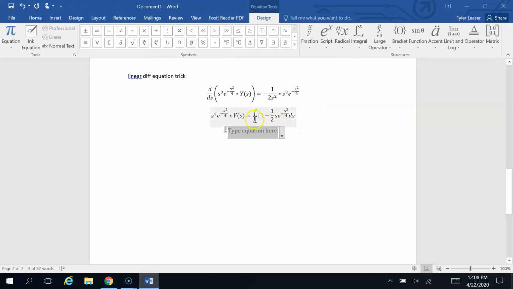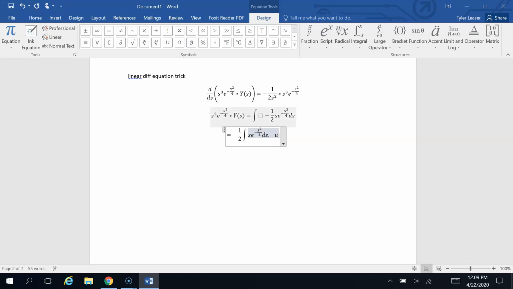We can take the negative 1/2 out. And then it's going to be a u substitution. So let me copy it down here. So we have negative 1/2 s e to the negative s squared over 4 ds.